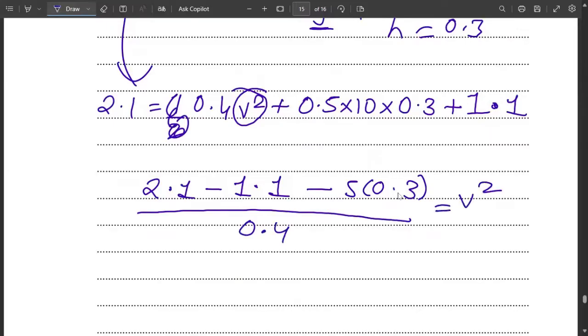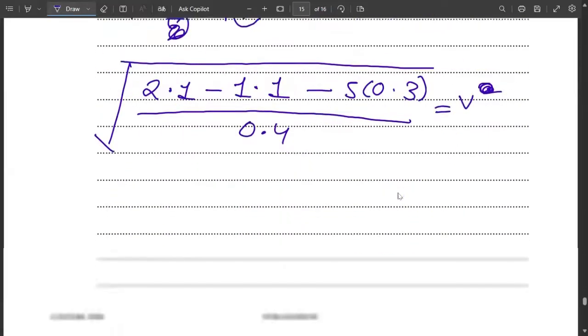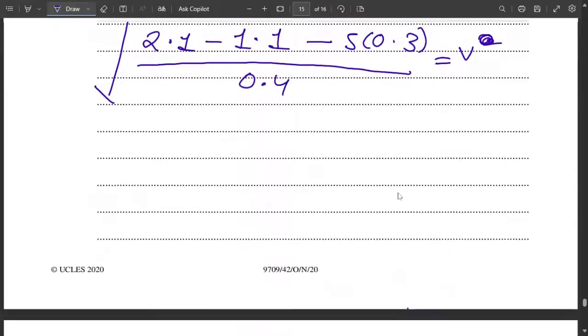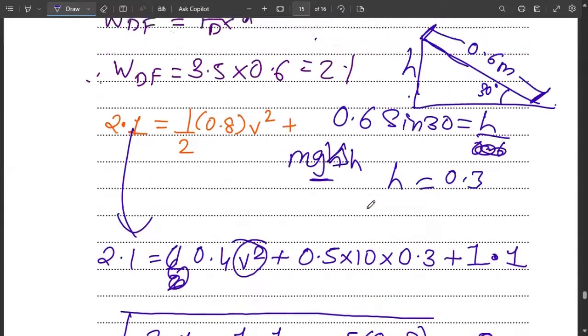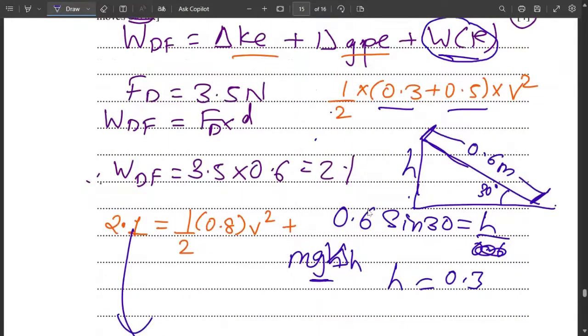Now to remove this square, I can root it here. So now finally the answer for v, if I put this in the calculator, is root of 2.1 minus 1.1 minus 5 into 0.3, upon 0.4. Did I do some silly error here?